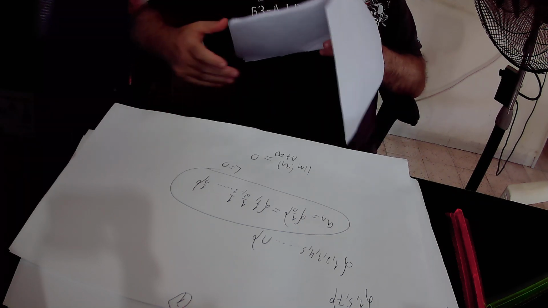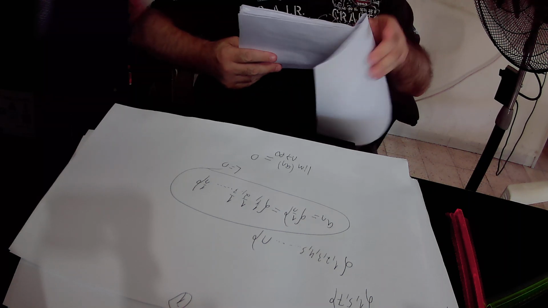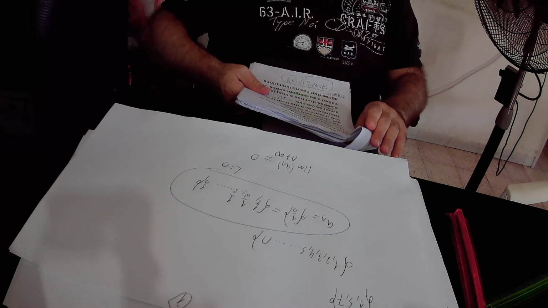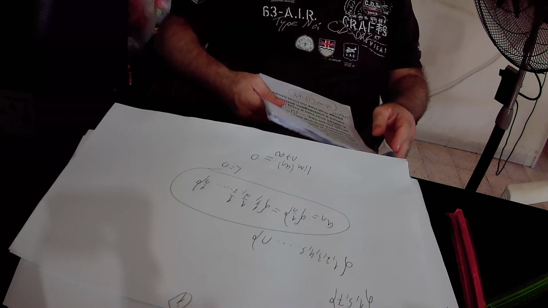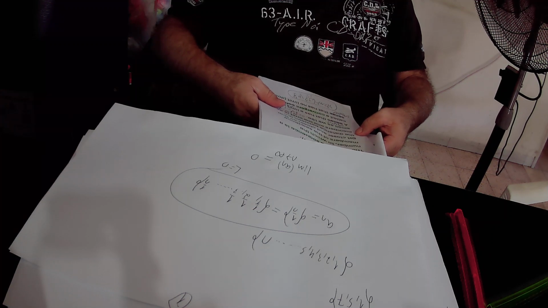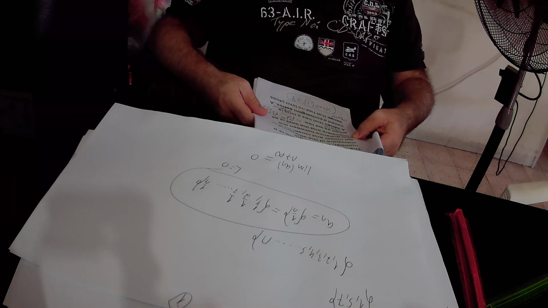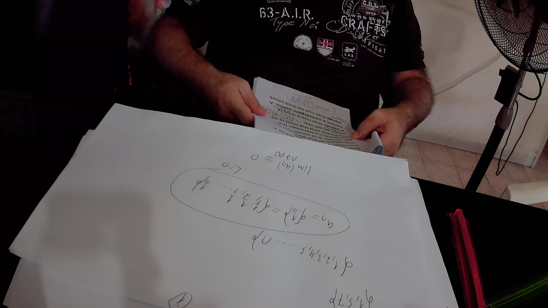So, what is the limit of a sequence? The limit of a sequence is a number to which the members of the sequence get closer and closer, so that the distance between the members and the limit is as small as we like.